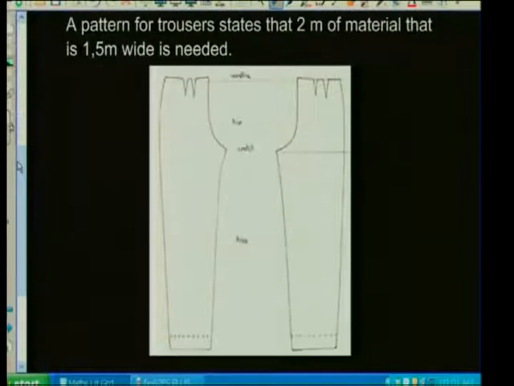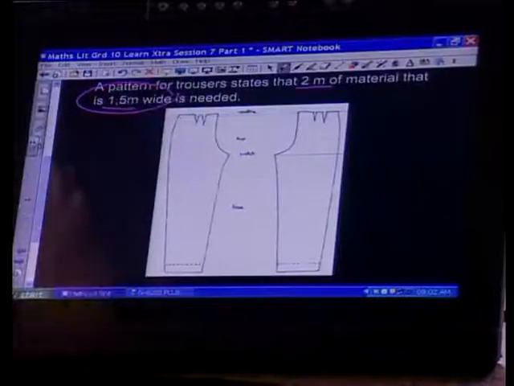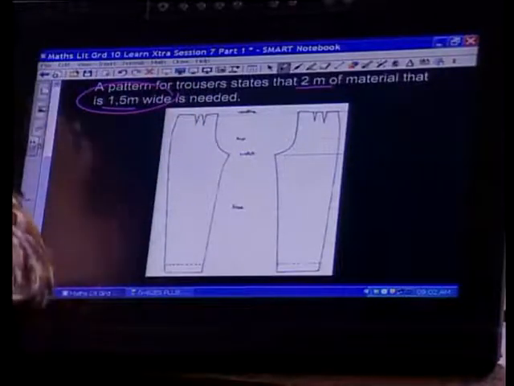So this is an example of a pattern to make a pair of pants. The pattern for trousers states that 2 meters of material that is 1.5 meters wide is needed. So for every pair of pants, he needs material that is 2 meters long and 1.5 meters wide. That's really important when it comes to material.